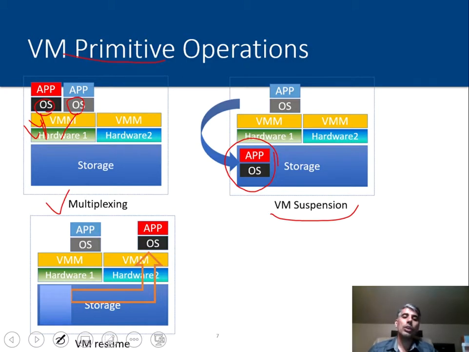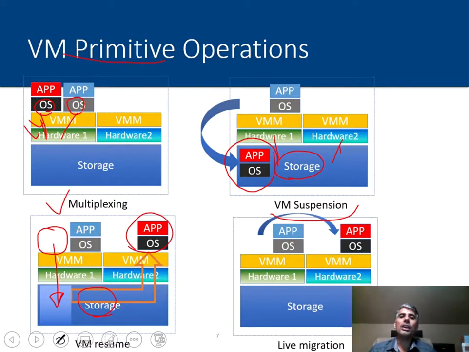Like that, you can make a snapshot, basically make an image of what is going on in memory, known as the virtual machine state, and then persist it on the storage, and then resume it on another machine which has access to the same storage.